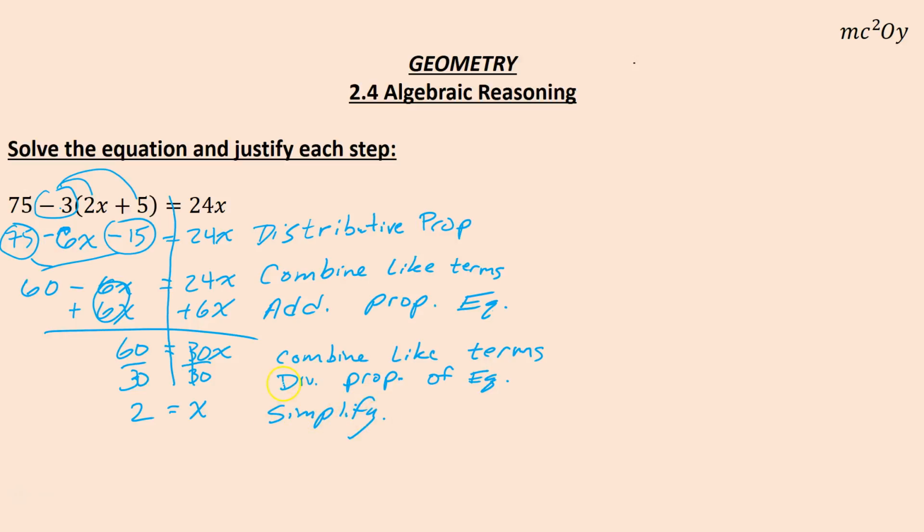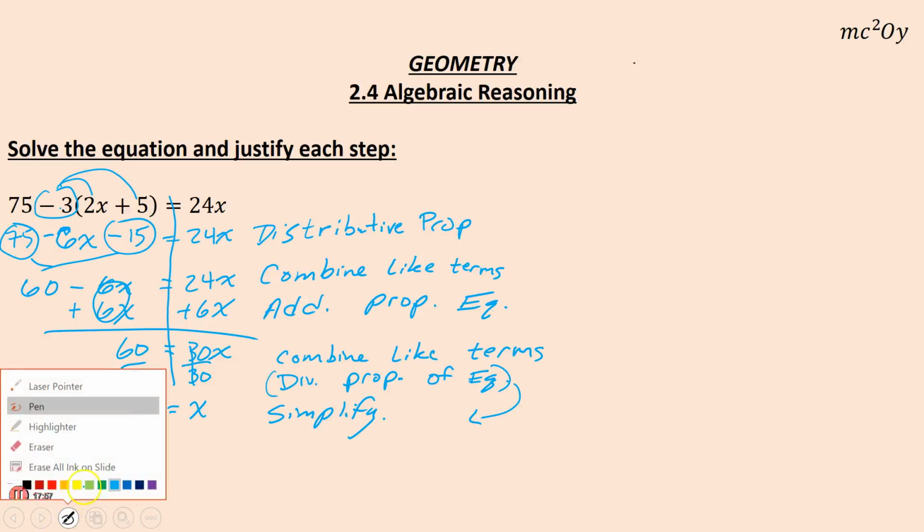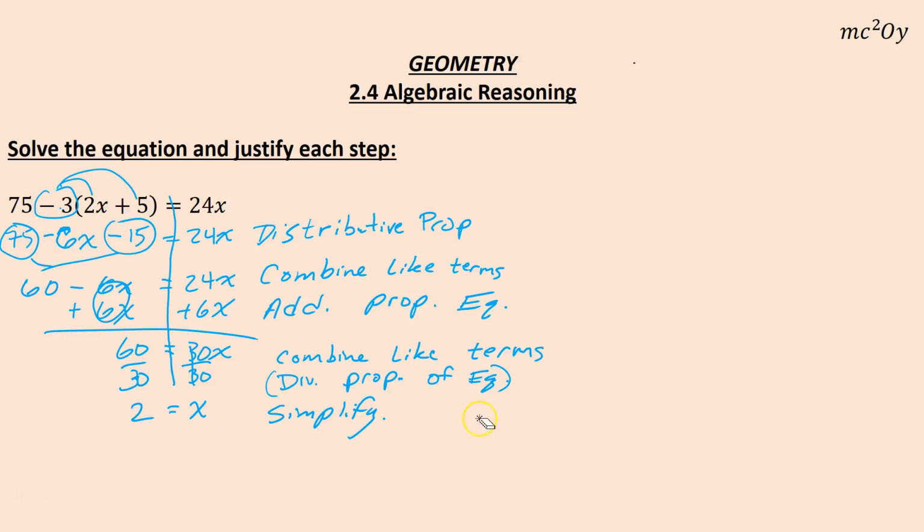Some are going to be fine if you just write division property of equality and skip the simplify. I would probably be in that boat, but I know that some teachers wouldn't, and some computer programs where you have to enter the answers online won't. They'll have that extra step, so I want to show that.